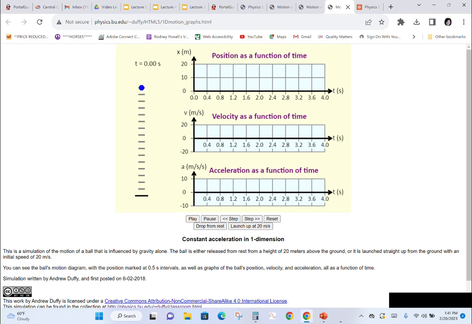The position graph is a downward sloping parabola where its slope is getting more and more negative as it falls. Its velocity graph is a line with a slope of negative 10 meters per second squared. In this case, we're just rounding 9.8 up to 10 to make it easy for us. And it has an acceleration graph that is flat, right at negative 10 meters per second every second.